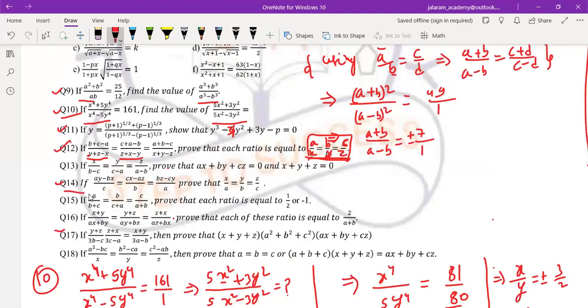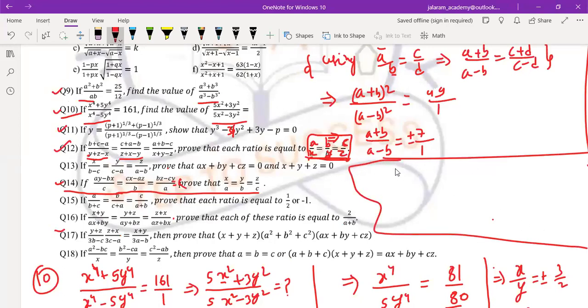Similarly, I think question number 14, you will prove yourself with the same method, taking k equals to this term. When we add them, ay minus bx plus cx minus az plus bz minus cx. So there are only two terms having x and two terms having y.